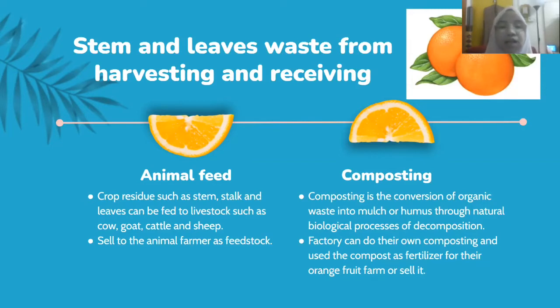The factory that produces orange juice can sell these crop residues to animal farmers as feedstock for their animals.